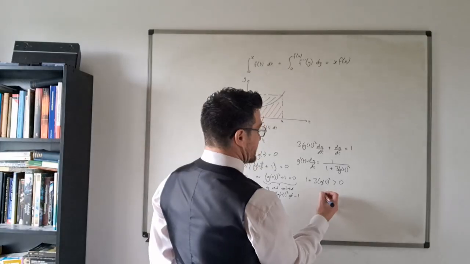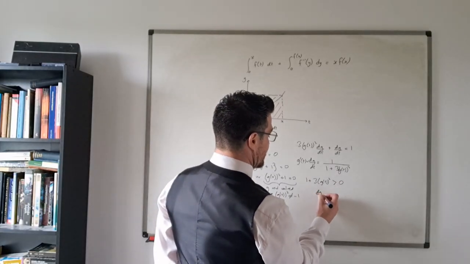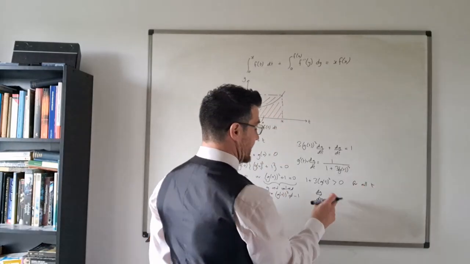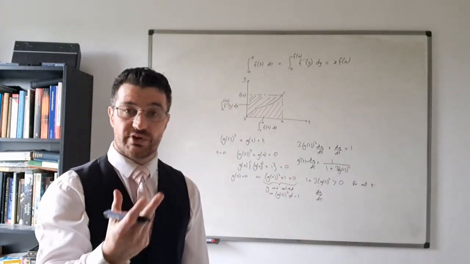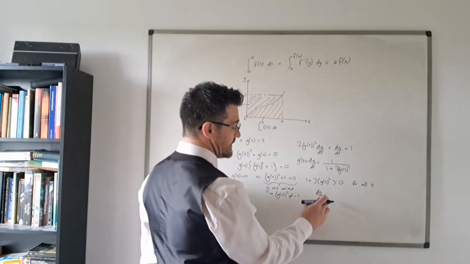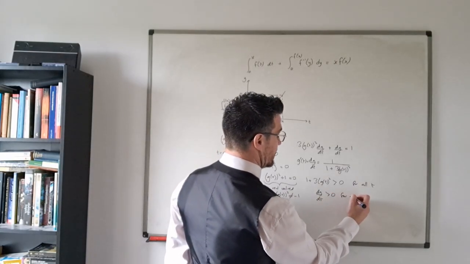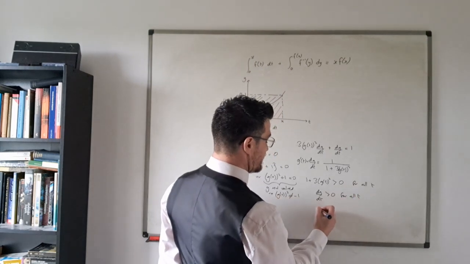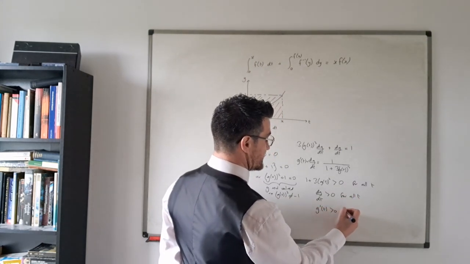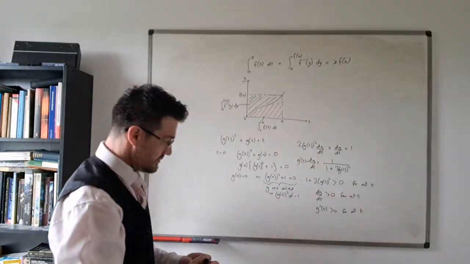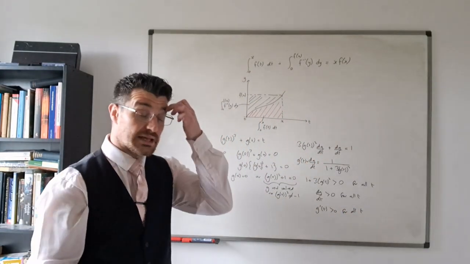In which case, dg by dt, and that's for all t, again, since g is a real valued function, so therefore dg by dt is greater than 0 for all t. In other words, g prime of t is greater than 0 for all t. Okay, nice and easy.